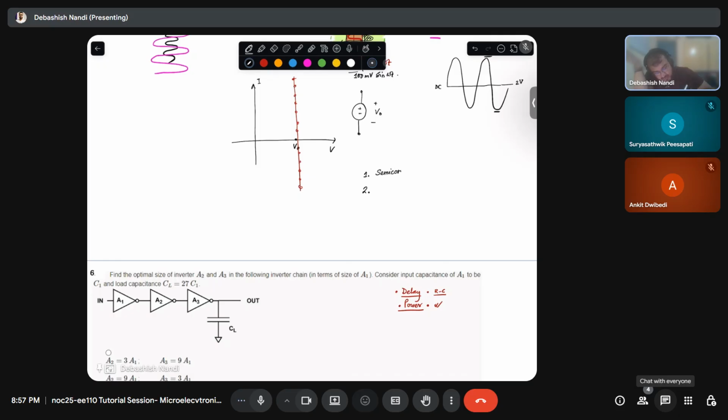Semiconductor Device Fundamentals and Advanced Semiconductor.